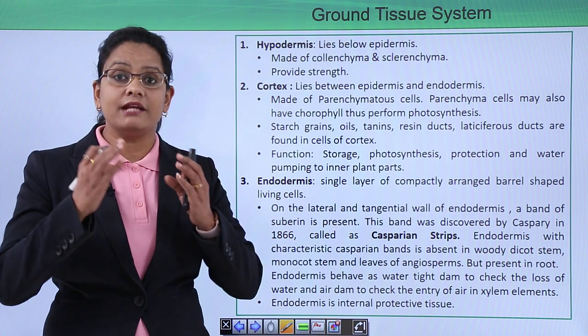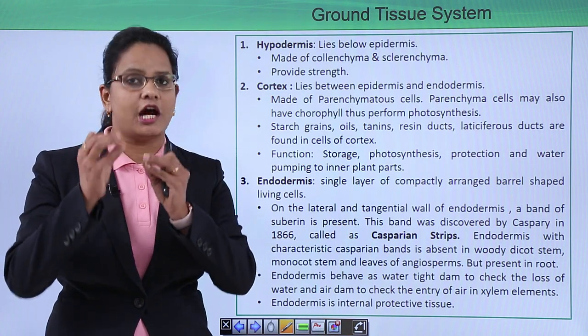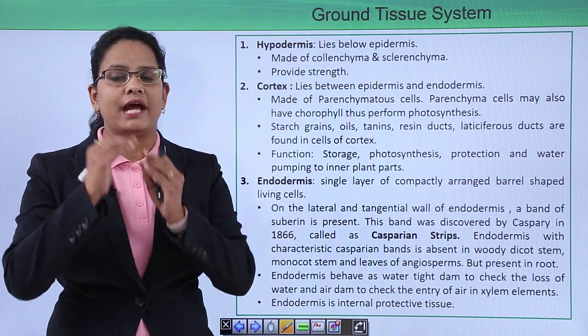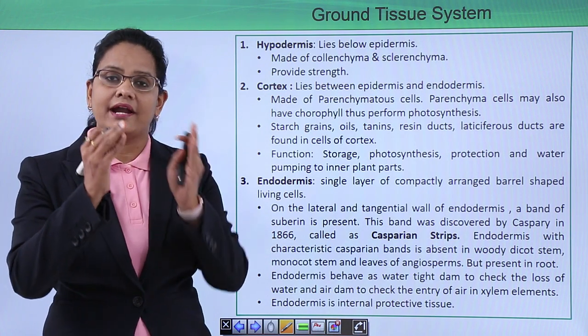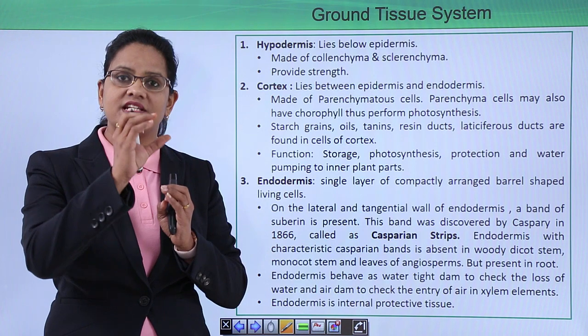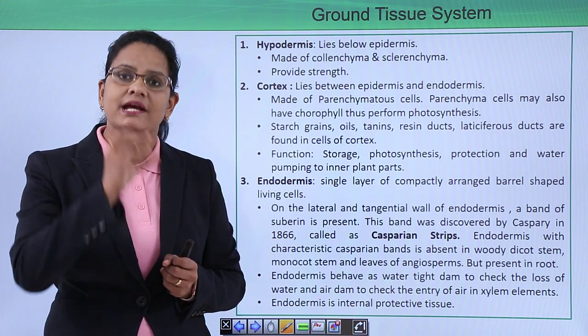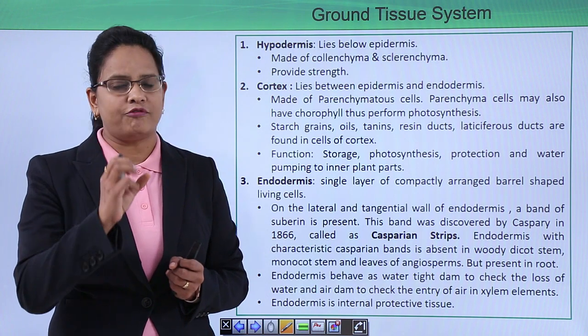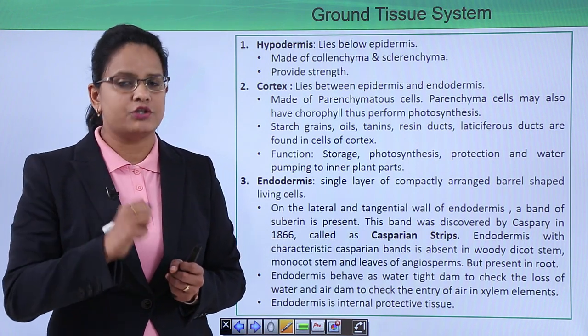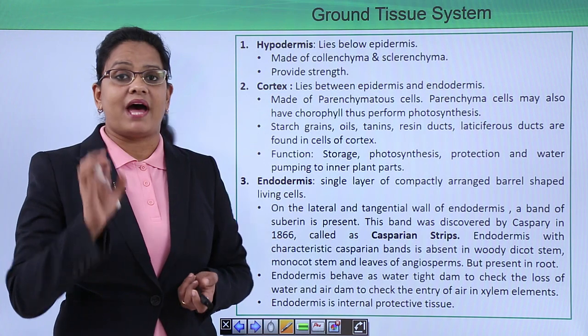The cortex lies in between, occupying a very large portion below the epidermis. It lies below the hypodermis and above the endodermis. It is a layer of parenchymatous cells between the hypodermis and endodermis, the two layers of a dicot stem or a dicot root, right?